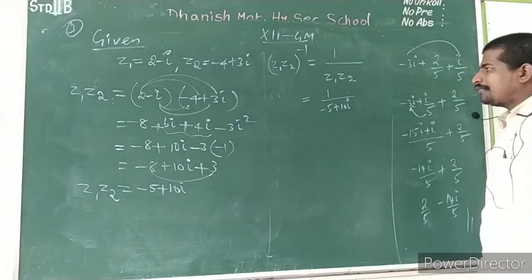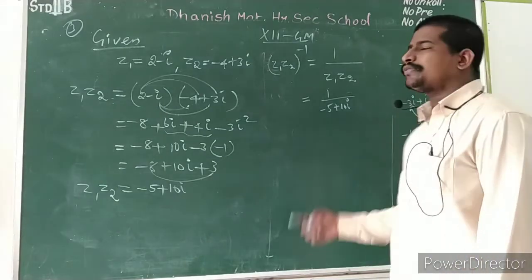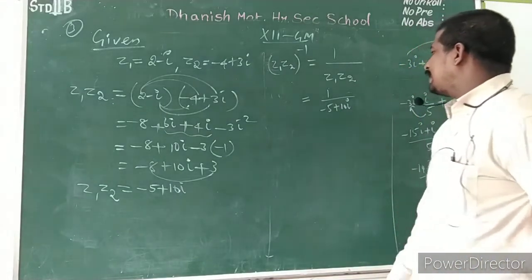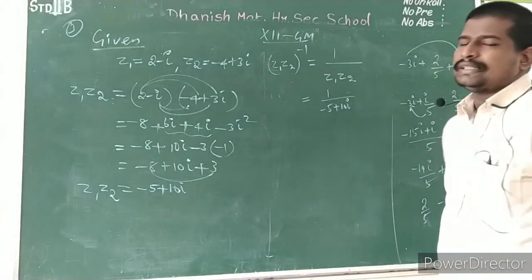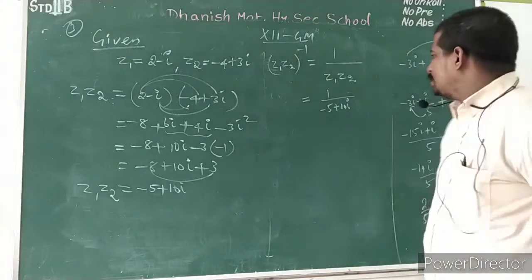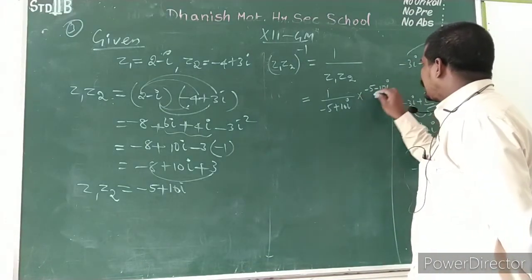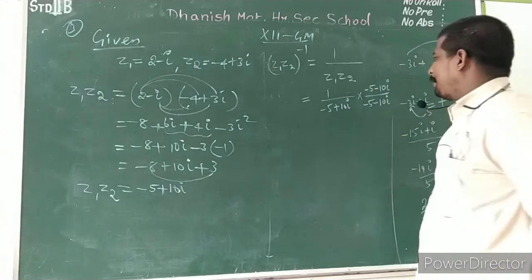Look at the denominator carefully. Here we are going to multiply the numerator and the denominator by the conjugate of the denominator. Here we have minus 5 plus 10i as the denominator. For this, minus 5 minus 10i will be the conjugate. So into minus 5 minus 10i divided by minus 5 minus 10i.